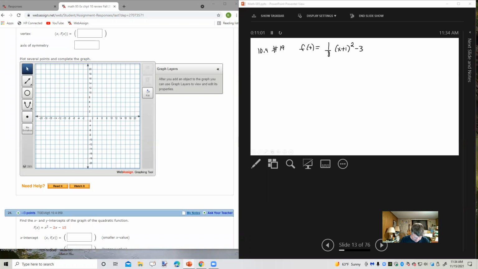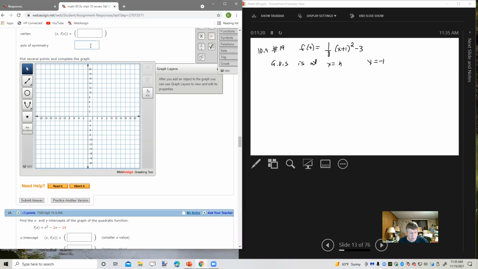They want the vertex, the axis of symmetry, and the graph. Okay, so the axis of symmetry is at x equals h. h in this case is negative 1. So it's at x equals negative 1.